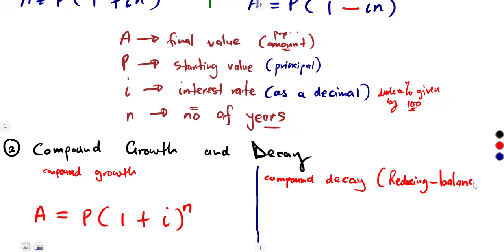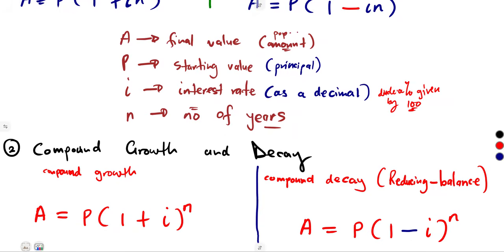Whenever they refer to the reducing balance method or reducing balance depreciation, there we are referring to a compound decay, meaning this time our formula is going to have a negative: a decay, a decrease, that's a negative. So that's 1 minus I, to the exponent of n.